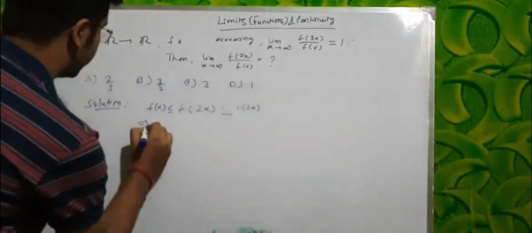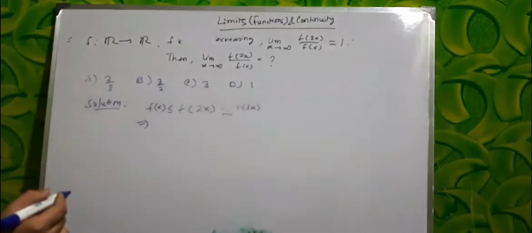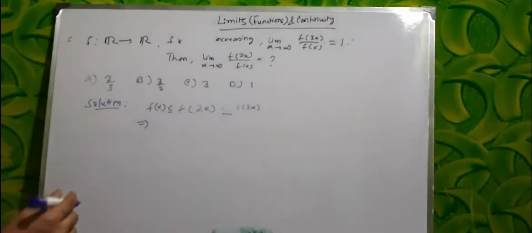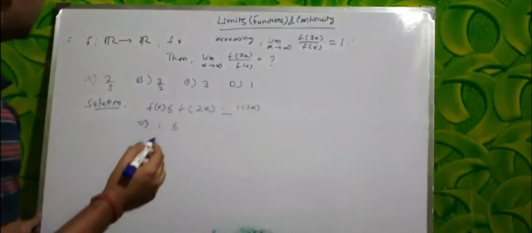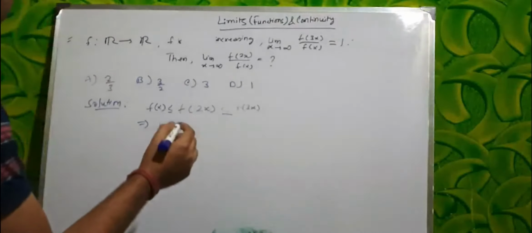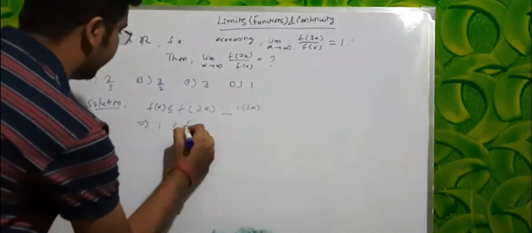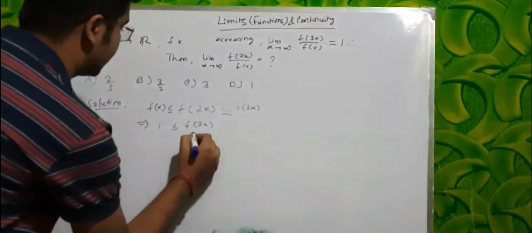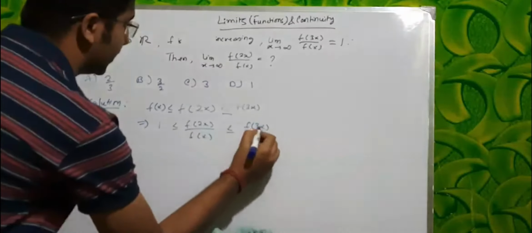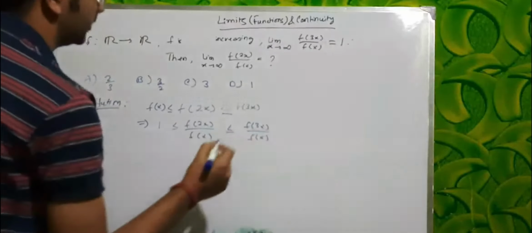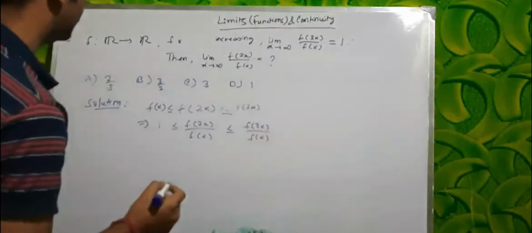And then moving on. Now dividing by f of x all the three sides, and f of x is always positive. Remember that f of x must be positive in this case. Otherwise we can't divide. That isn't mentioned, so that should be mentioned in the question.